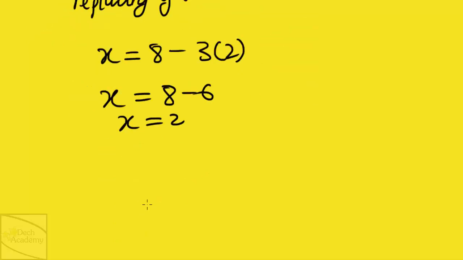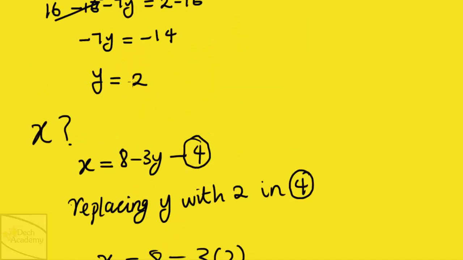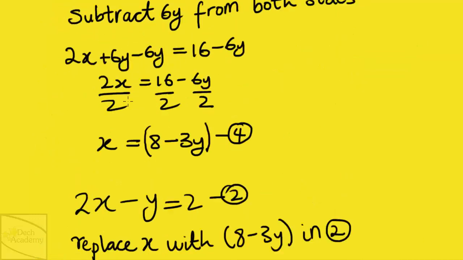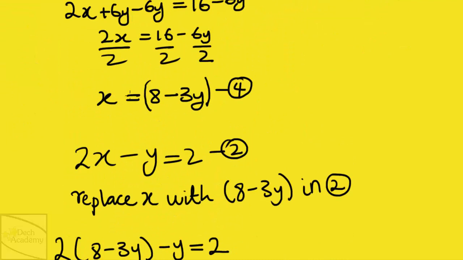So our result is that x is equal to 2 and y is also equal to 2, and that's the result. Try substituting these values into the original equations and you find that both of the equations are satisfied. So the key point here is, at the end of step 4, you have a result for one variable, and all you're left to do is to find the value of the other variable, and this can be achieved by substituting this result into any equation that involves both variables, like 1, 2, and even this equation here.